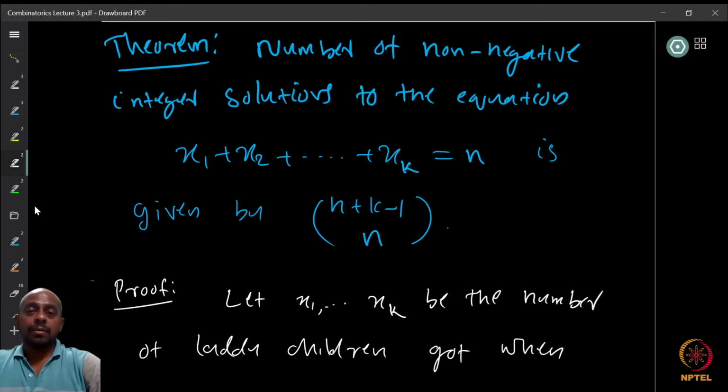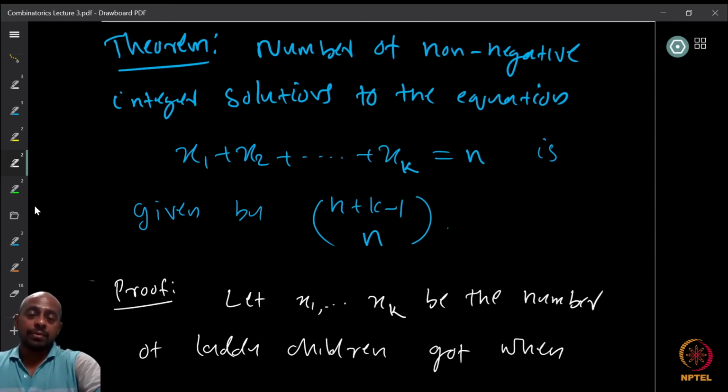So therefore, distributing n laddus to k children, where everybody gets greater than or equal to 0 laddus, is equivalent to distributing n plus k sweets to the same k children, where everybody gets at least 1.